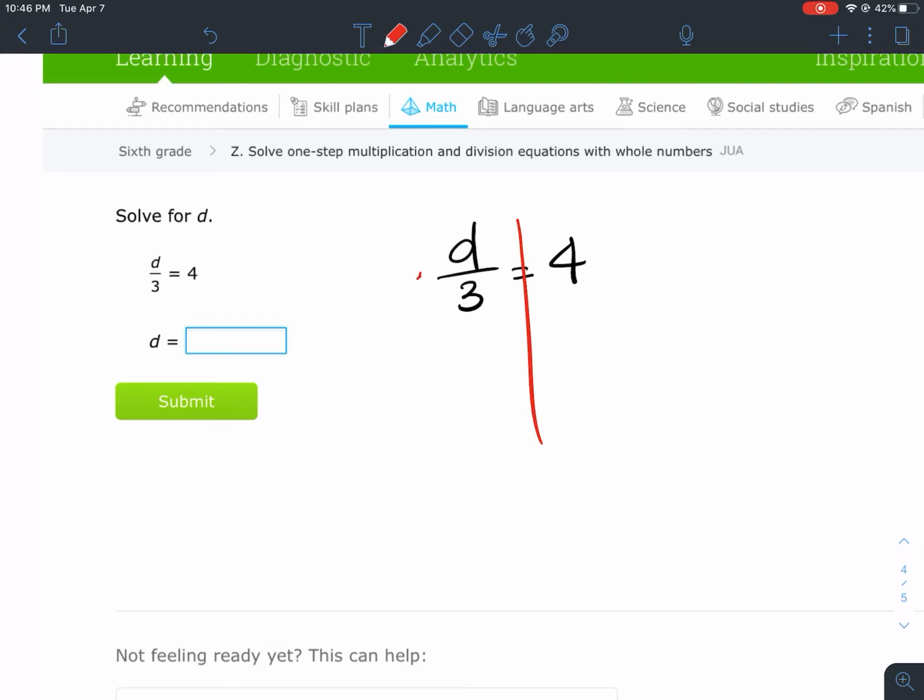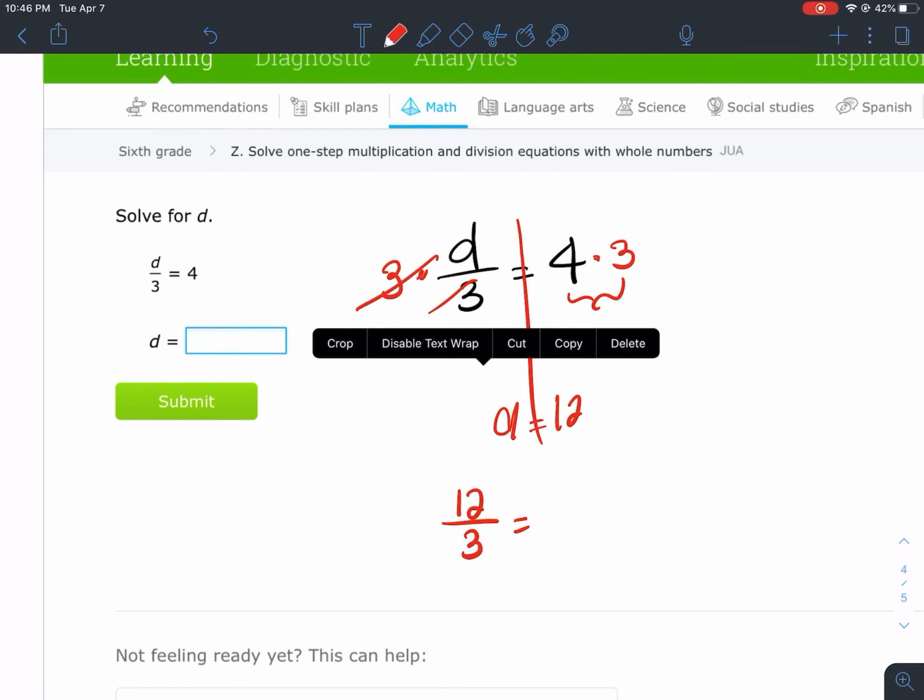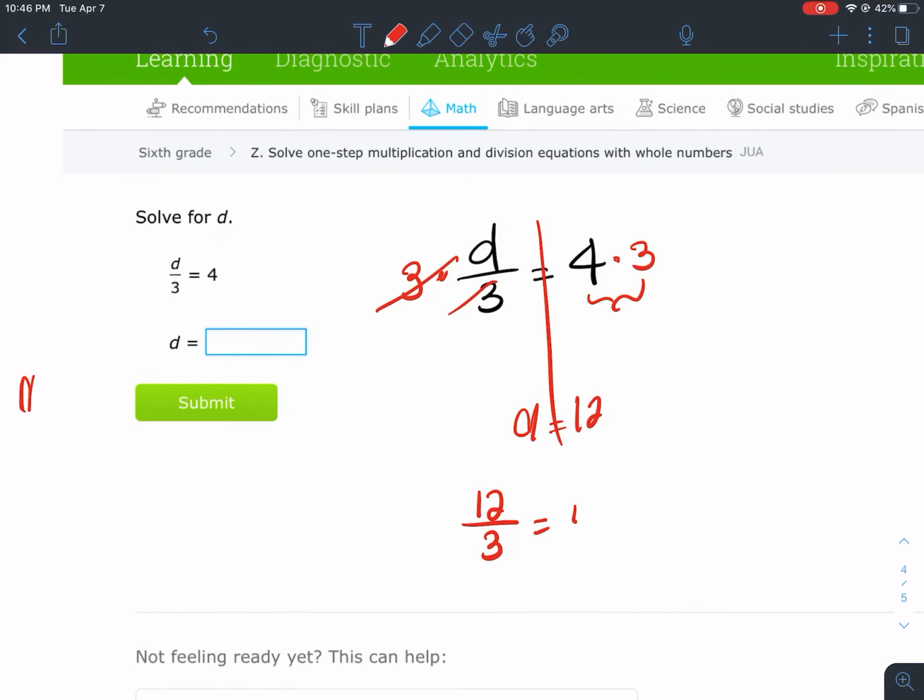So I'm going to multiply both sides by 3. This right here gives me 1, so I'm left with D equals 4 times 3, which gives me 12. So check if that's correct. 12 divided by 3, is it true that that's 4? Yep. So my answer is 12.